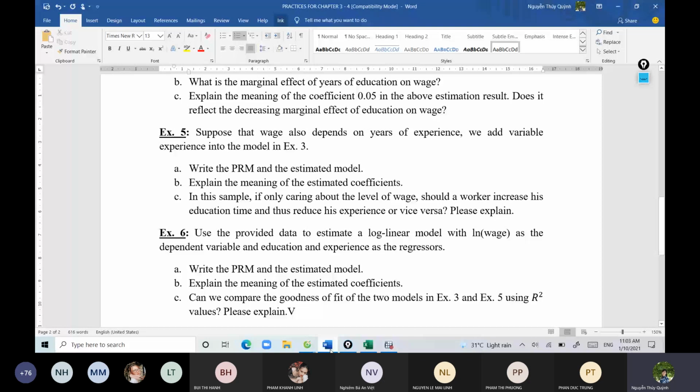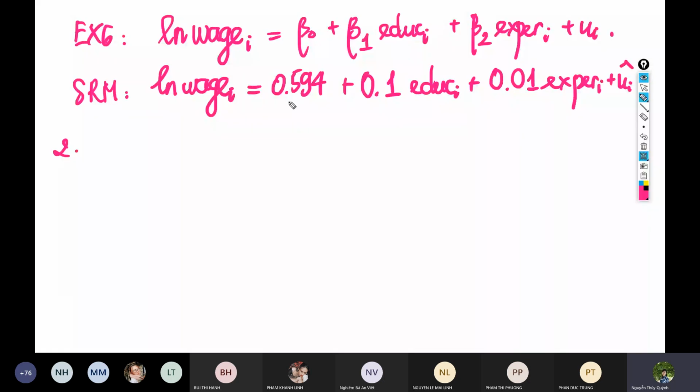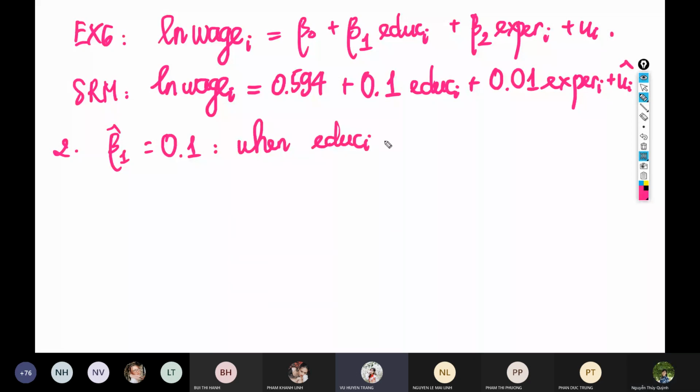Now, for example, we have beta 1 hat equals 0.1. What does it mean? What does it suggest? When the student increases their education by 1 year, the corresponding wage will increase by 10%.